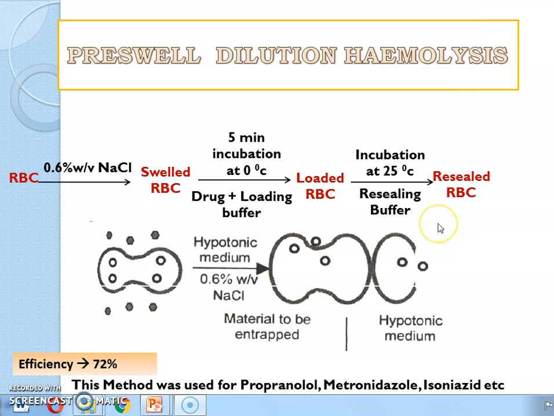The efficiency of this method is very high, that is 72%. So among the various methods, this method has a good loading efficiency, and it is useful for the entrapment of drugs such as propranolol, metronidazole, isoniazid, etc.